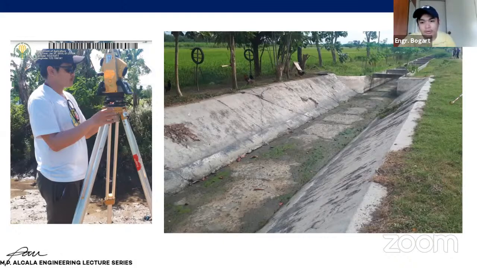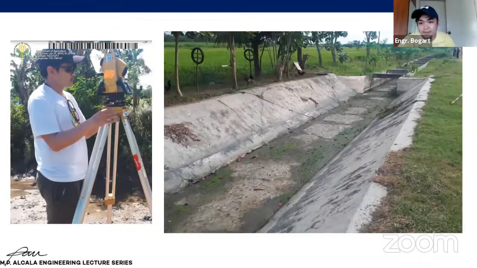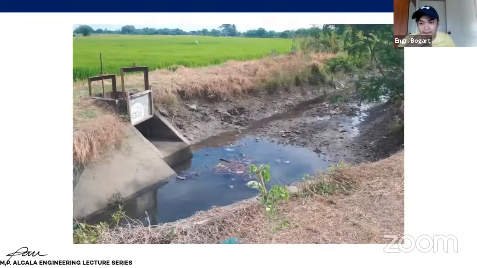But generally, we want the water, for example, from this project, this is a lateral canal, meaning it's not directly connected to the river. Now, this is the main canal. This is the one directly connected to the Halaor River. What's the difference? Why is this one cemented? Why is this one non-cemented?